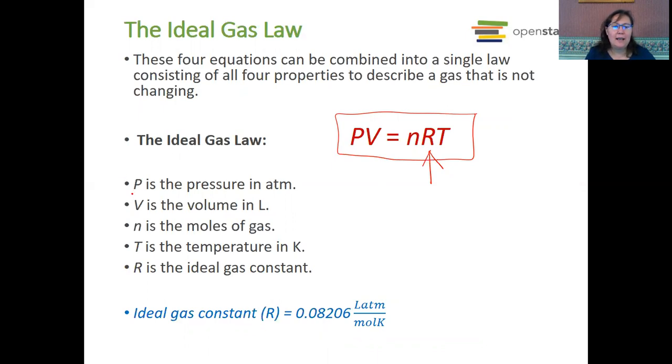What that means is that pressure is in atmospheres, volume is in liters, our quantity is in moles, our temperature is in kelvins, and then R is our ideal gas constant here. So make sure that everything is in the right form before you try to do any math.